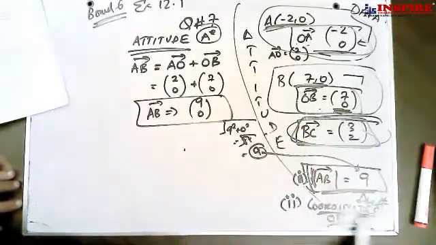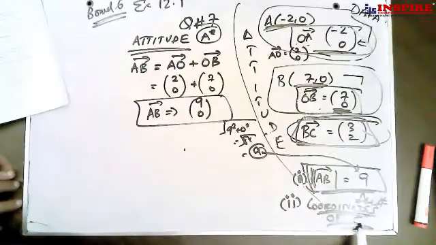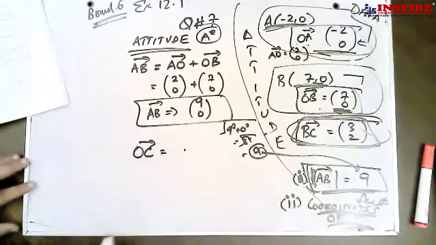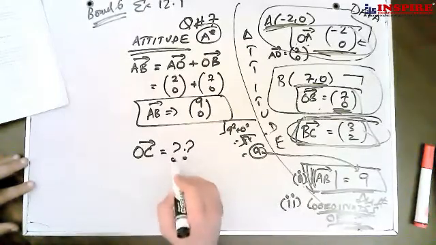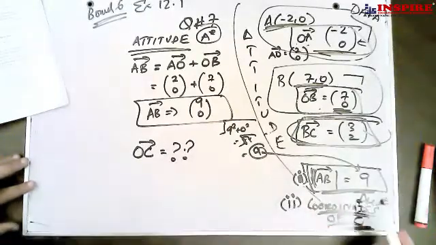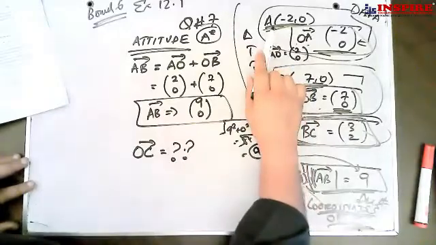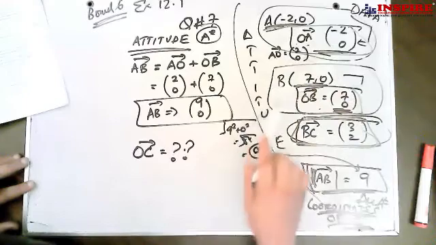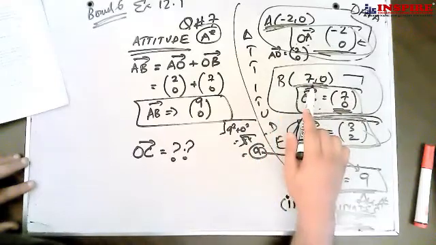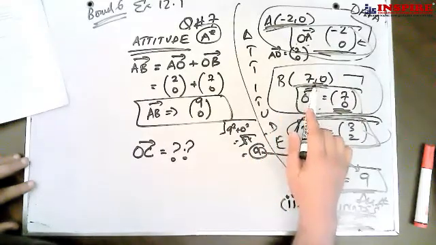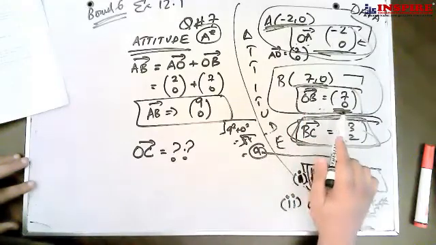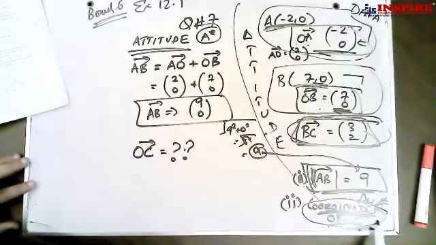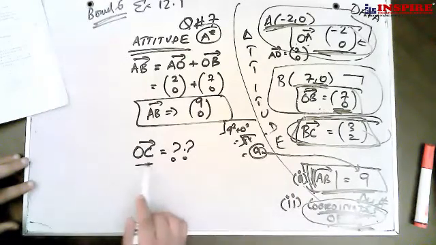I want to know the coordinates of C. So what should I look for? I repeat myself. The coordinates of A are -2 and 0. B's coordinates are 7 comma 0. So if I want the coordinates of C, what should I look for?